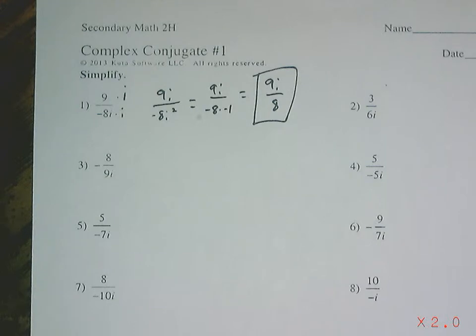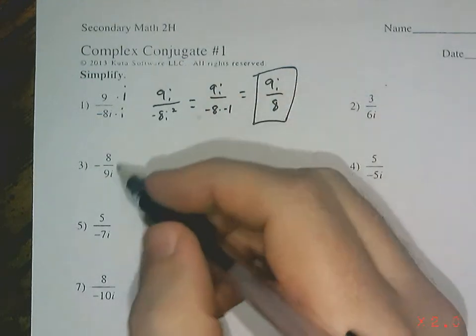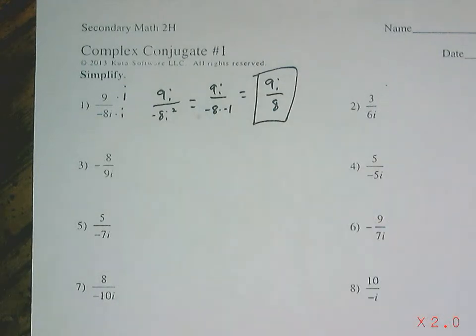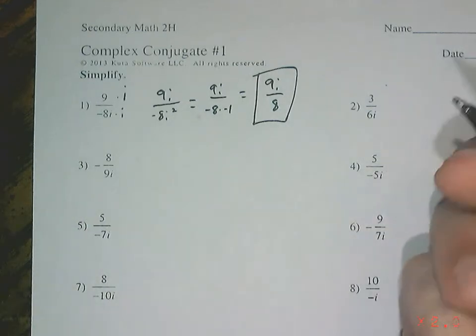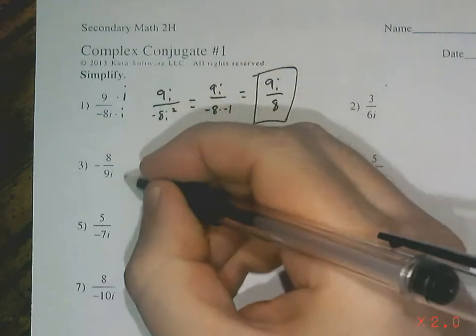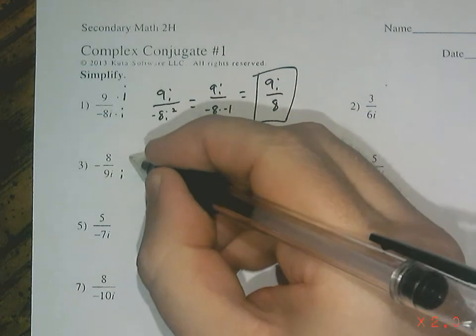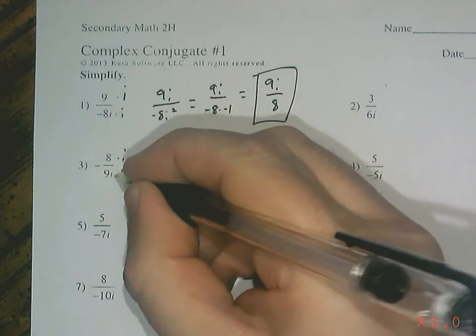So let's say we do number 3, because this negative doesn't really associate with anybody, right? So that kind of confuses students a little bit. So let me show you how that would work. If I have an i, I'm multiplying it to each.